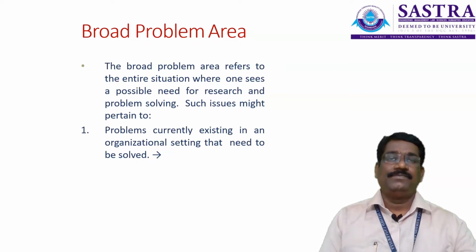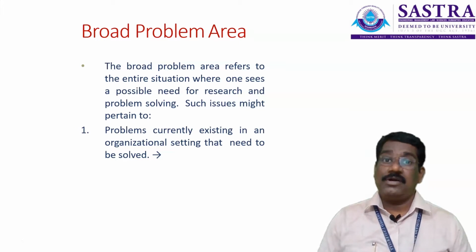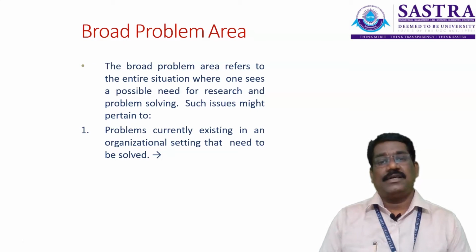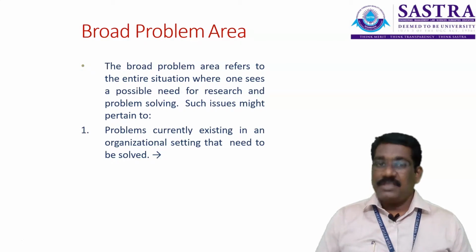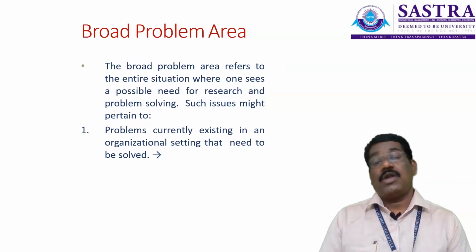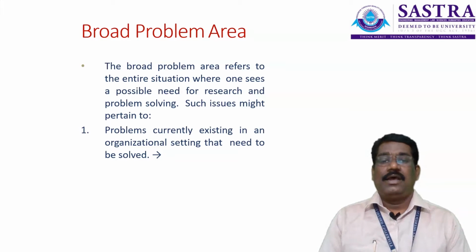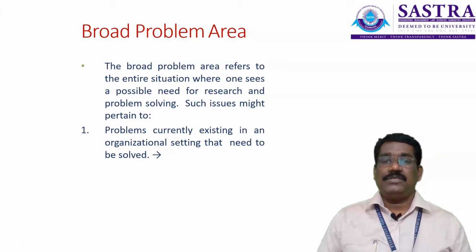For example, employee turnover is observed in an organization. It means that something is going wrong, so he has to identify the factors associated with employee turnover. So employee turnover seems to be the broad problem area, and he needs to scrutinize the relevant factors associated with that problem area.